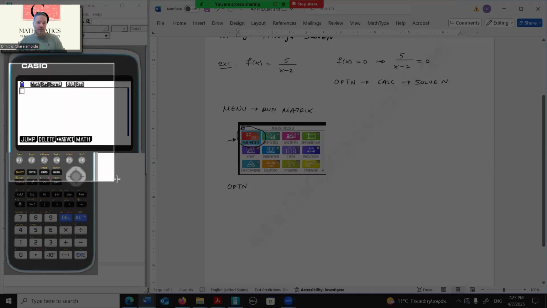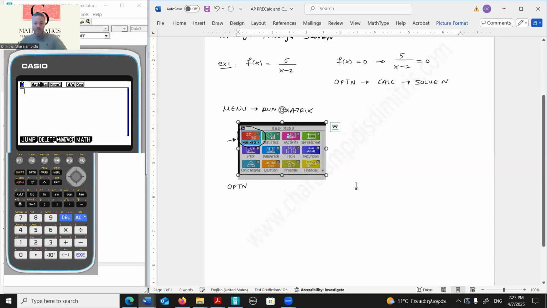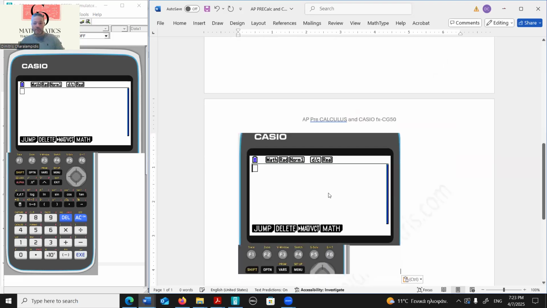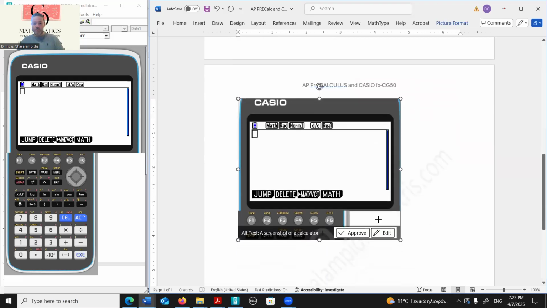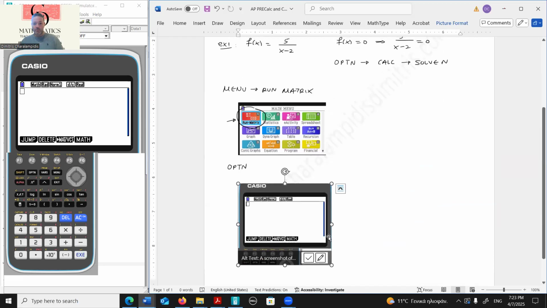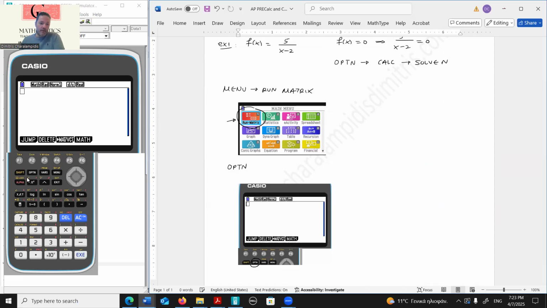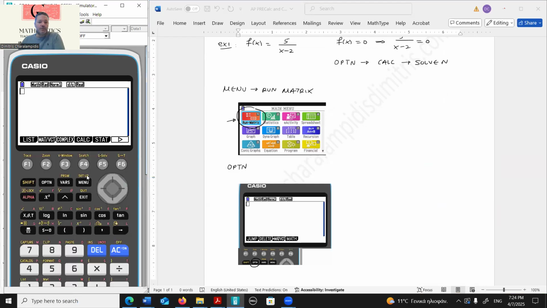Once you click the OPTN button, this thing will pop up in your screens.